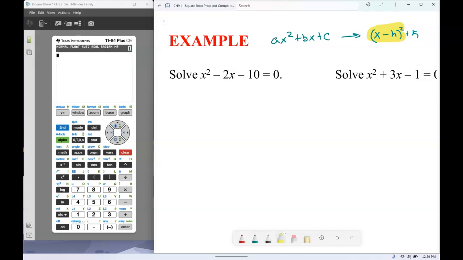Instead of 2 x's from standard form, I just want 1 x. So I need that binomial squared. The only way I can do that is if I have a perfect square trinomial, because perfect square trinomials always factor to be a binomial squared. So we're trying to get that perfect square trinomial.